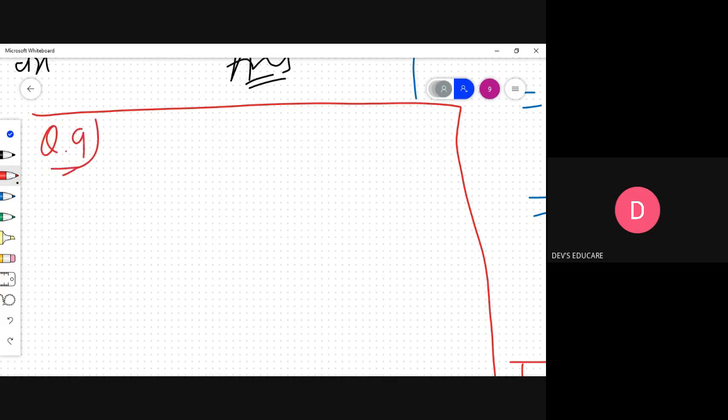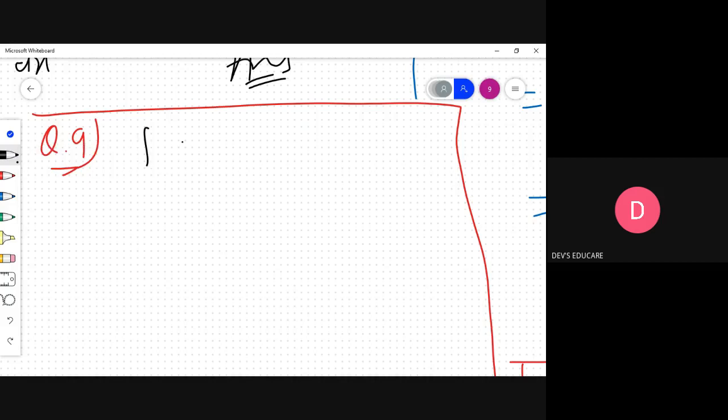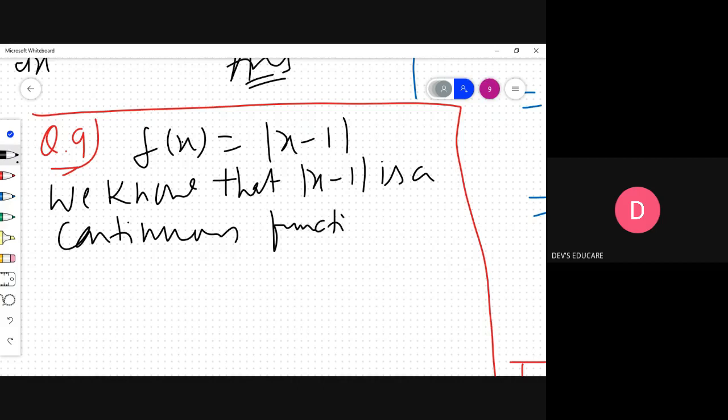So in question number 9, we have: prove that the function f(x) equals mod of x minus 1. We know that mod of x minus 1 is a continuous function for all real x.